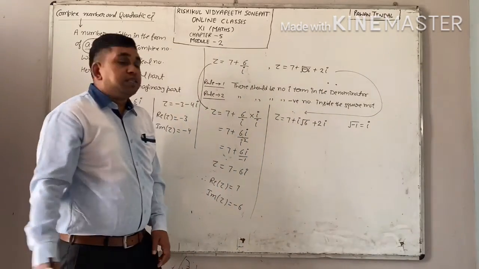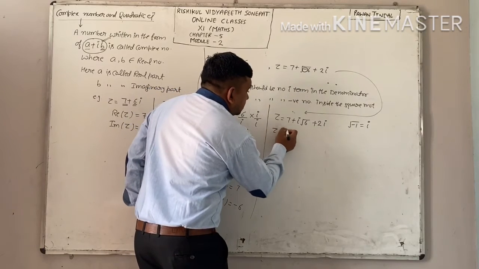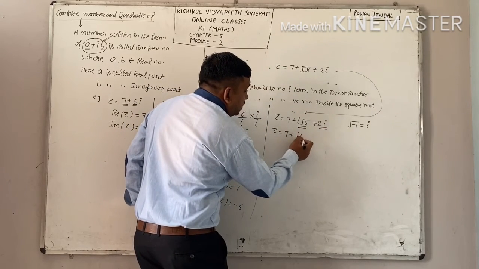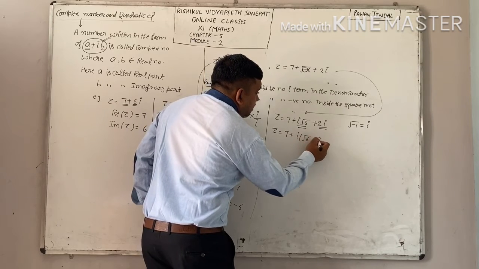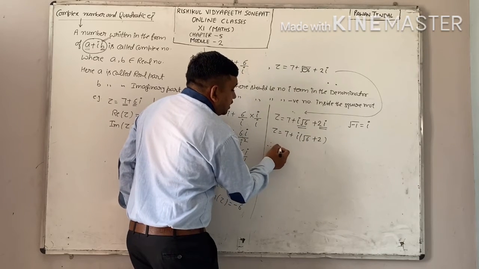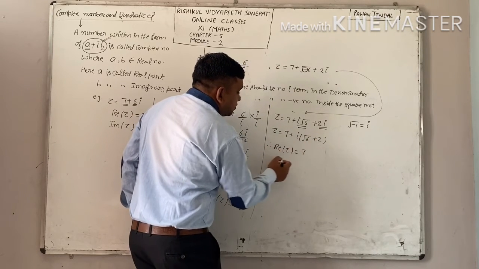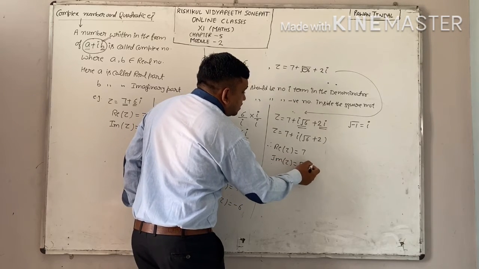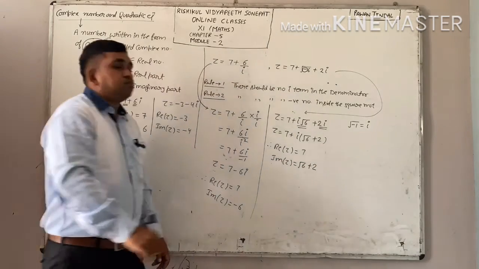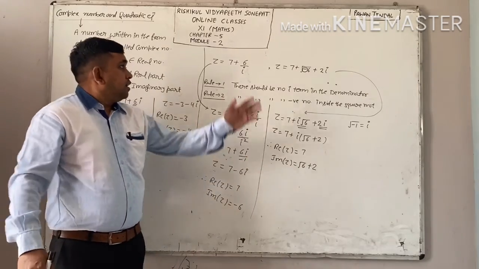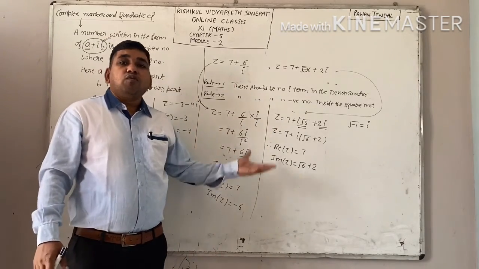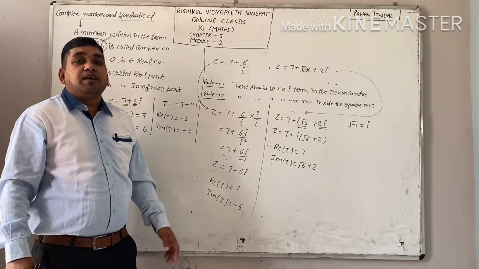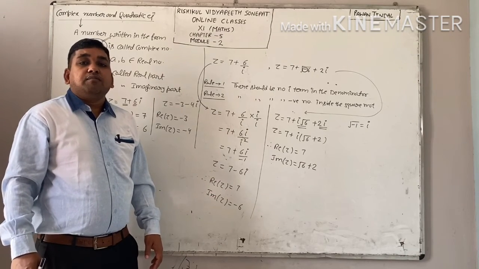Now collect real and imaginary part. 7. Here we are having two terms of iota. Take iota as common. This is your root 6 plus 2. Therefore, real part equal to 7 and imaginary part equal to root 6 plus 2. Right? In this way, we can solve all the questions regarding finding the real and imaginary part in a complex number.